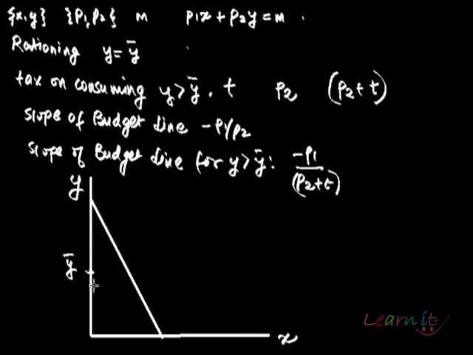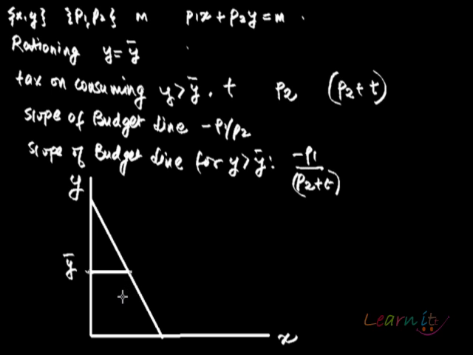You can't consume a lot of Y. In case you want to consume more Y, then of course you will have to pay a higher price for that. But then how will it look? See, this is the rationed product. So Y equals Y bar is a rationed product.